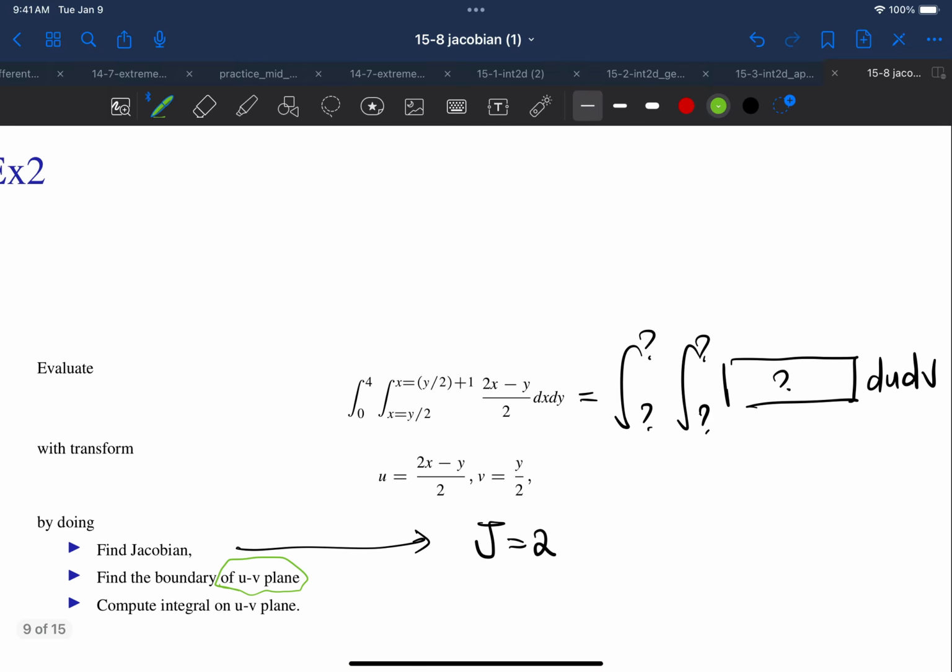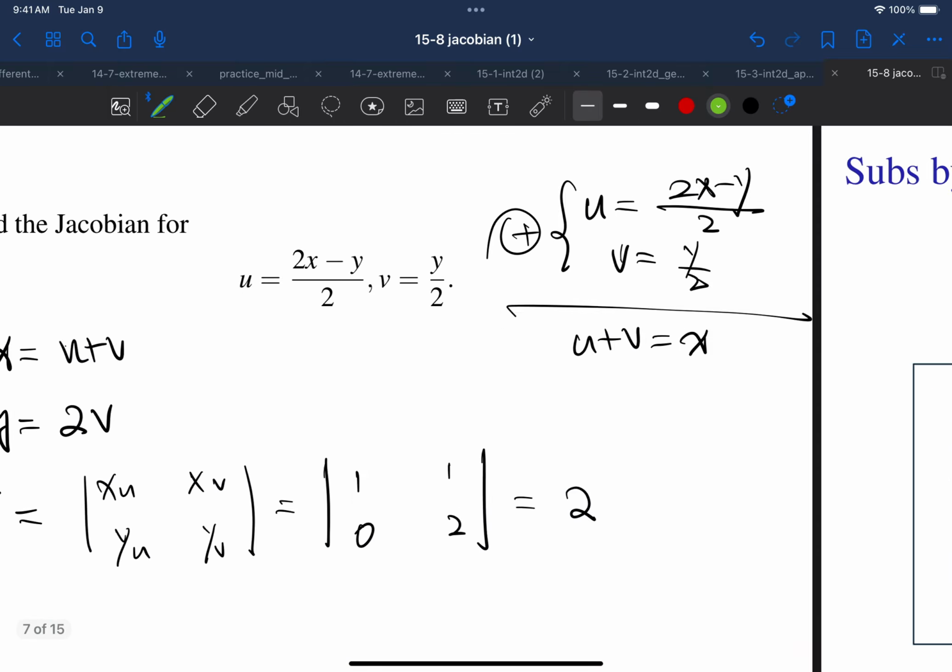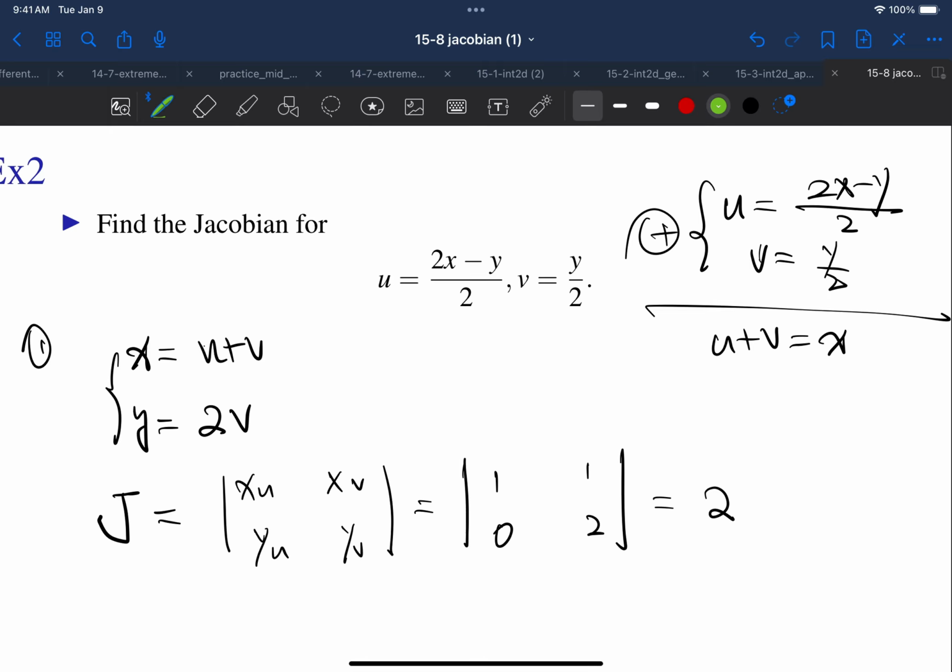We need to change x and y's. So this is the substitution rule we are going to use.